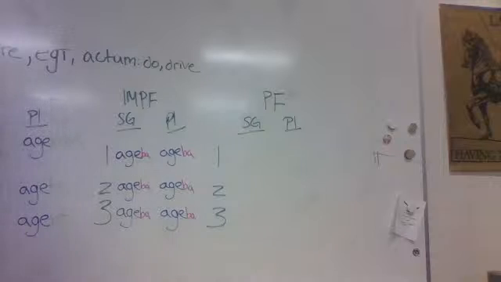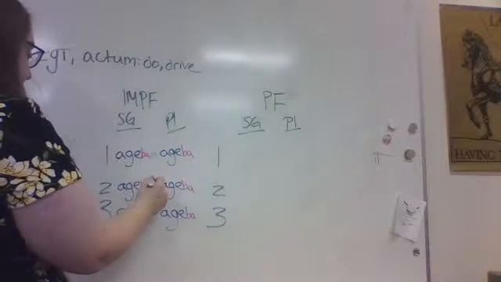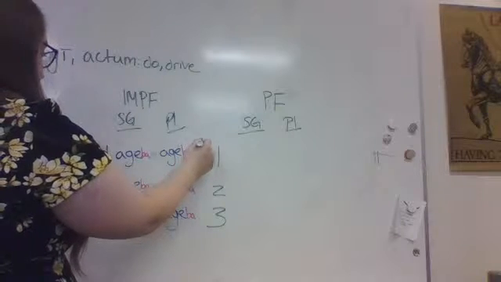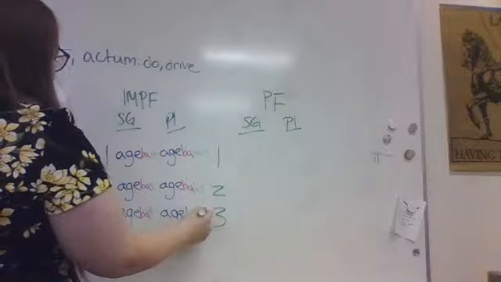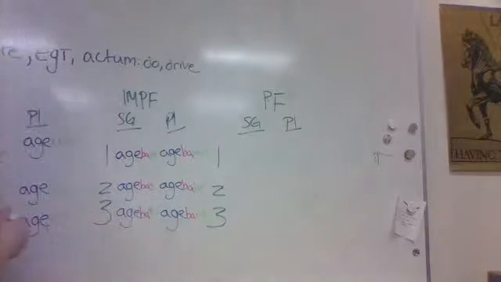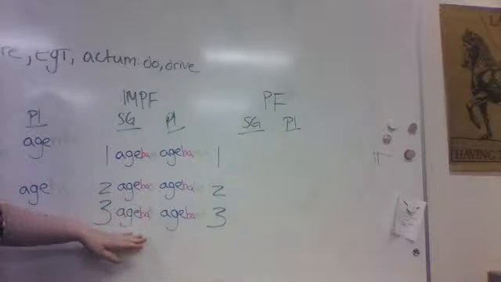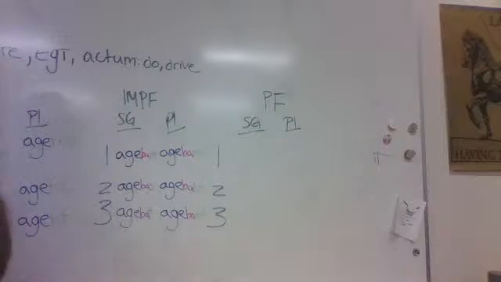And then we just add our personal endings. So nothing has changed for imperfect. It's still the same formula: your stem, BA, personal endings.